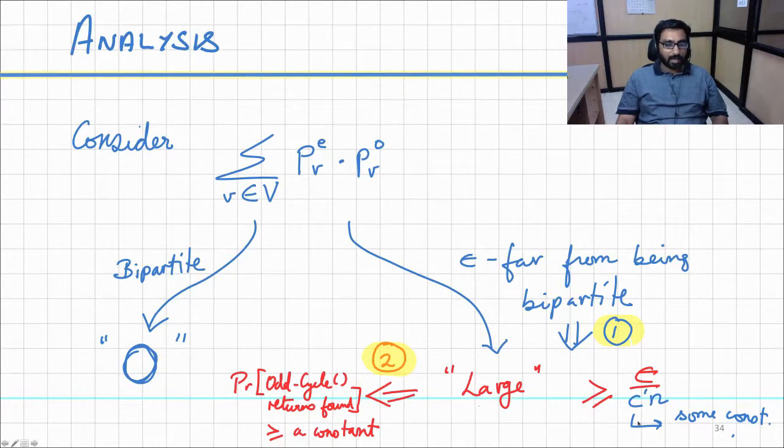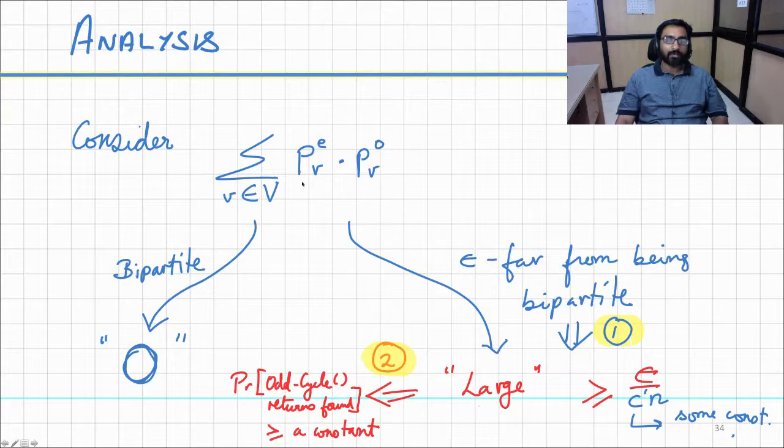Moreover, if it is large, we need to be able to say that the odd cycle function will return a found verdict with some constant probability. Let me repeat that. When the given graph is far from being bipartite, this summation takes a much larger value; it's certainly not 0.